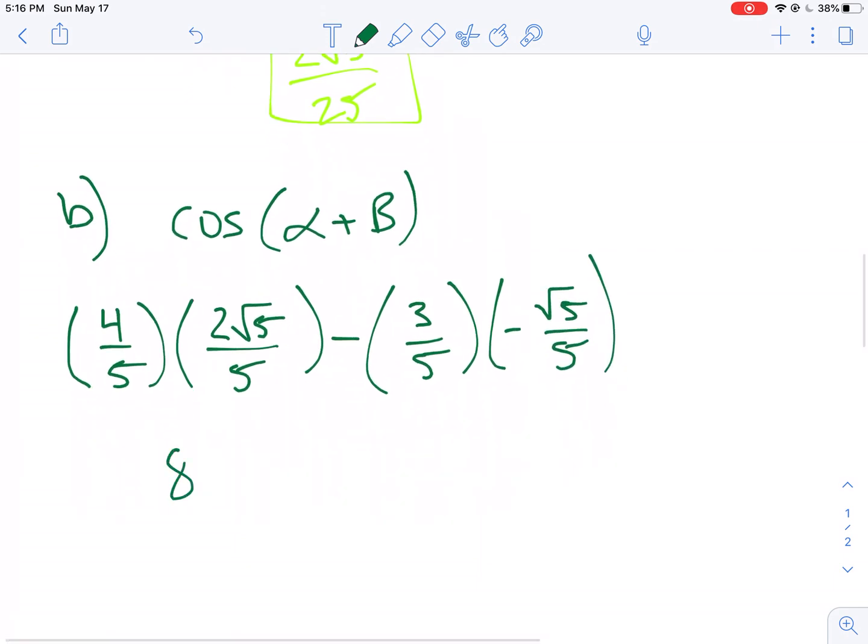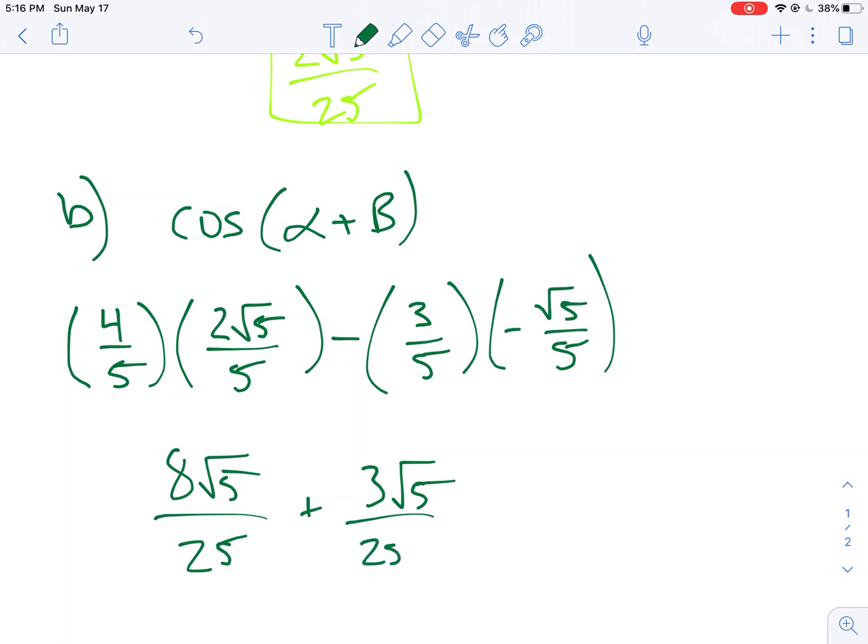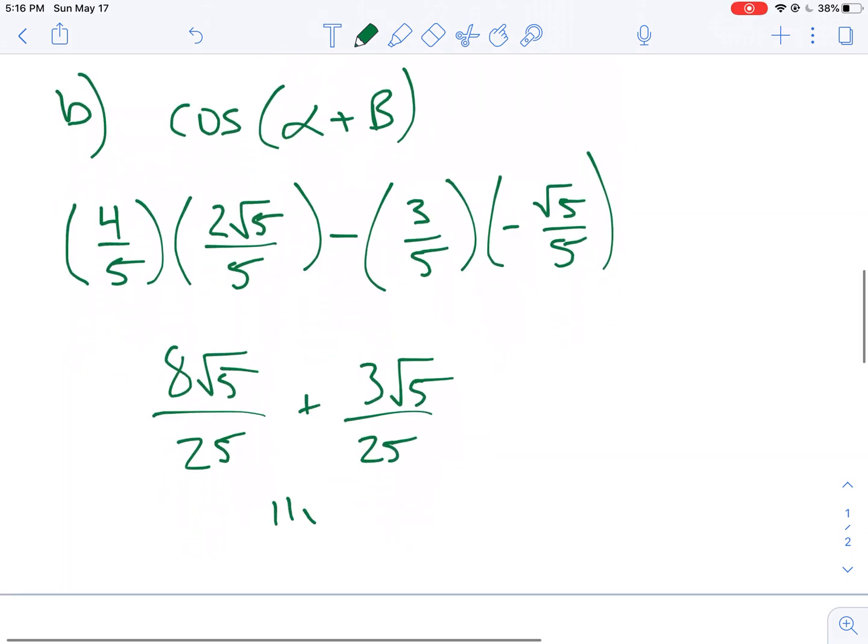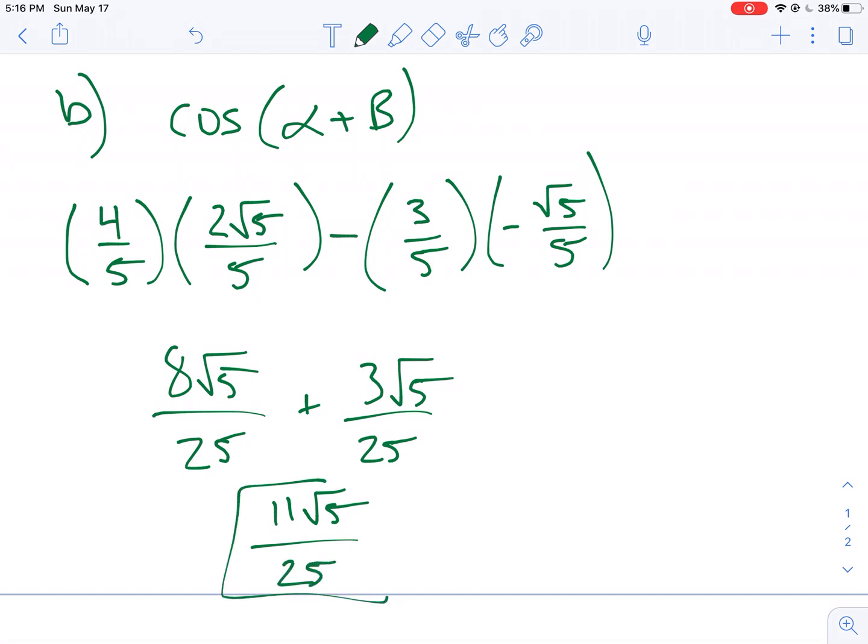This becomes 8 times the square root of 5 over 25 plus 3 times the square root of 5 over 25, and my answer is 11 times the square root of 5 over 25. I know all of my formulas, I know all of my values here, I just plug and chug.